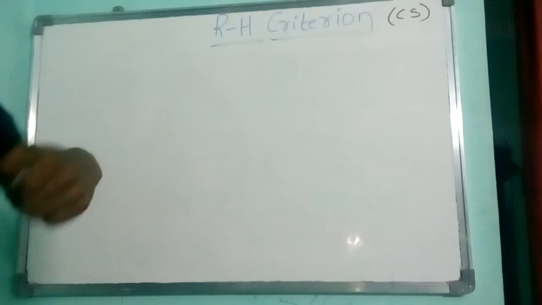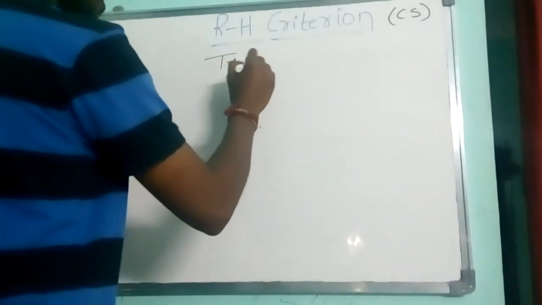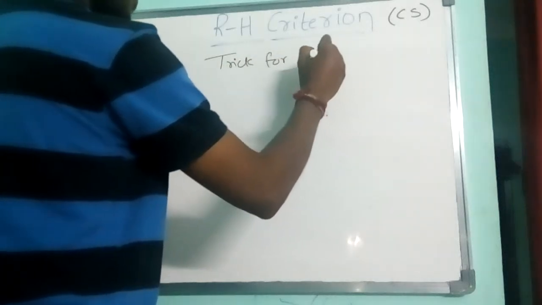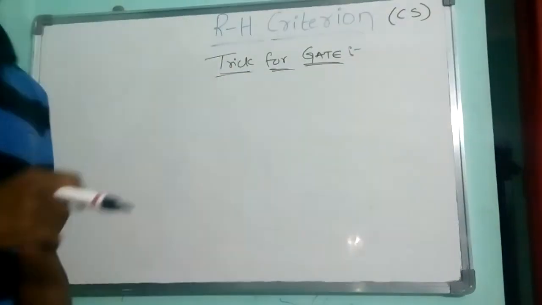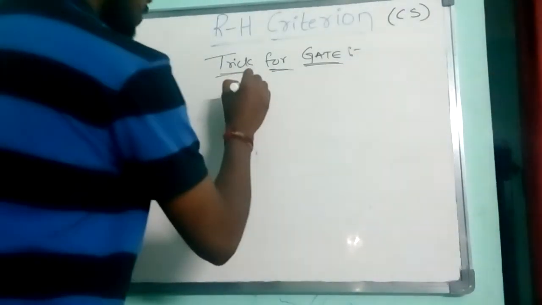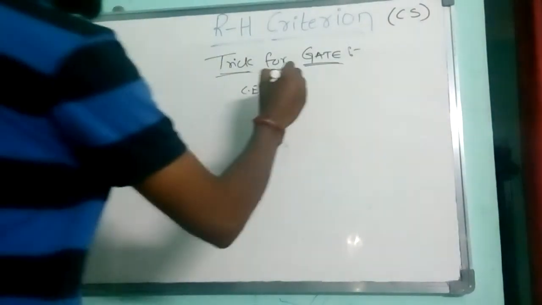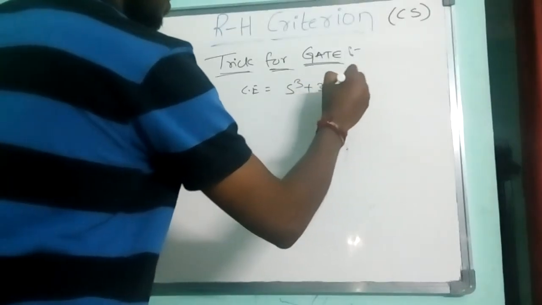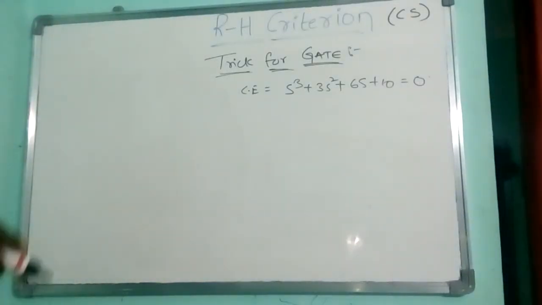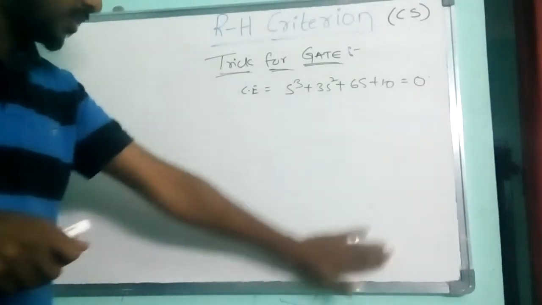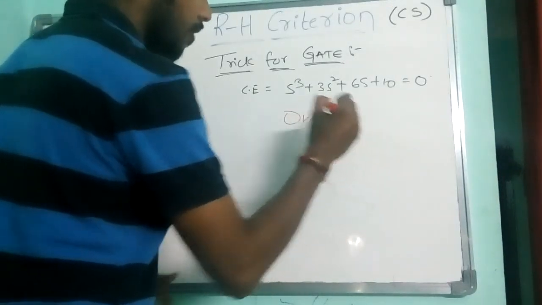This is a trick for the GATE exam. Suppose the characteristic equation is given, and mainly it is of order 3.